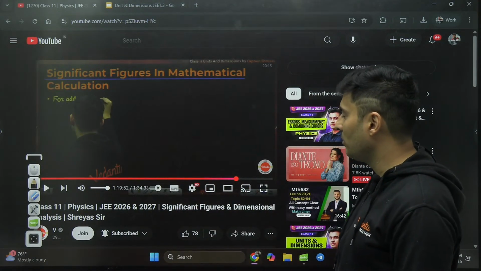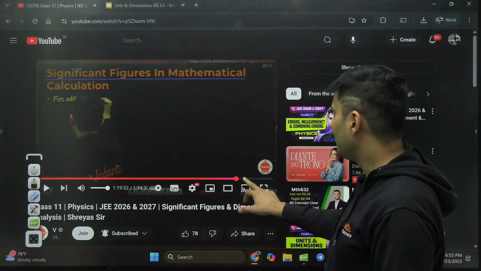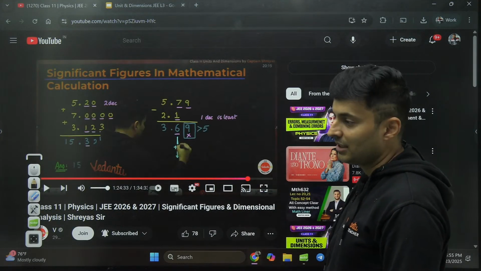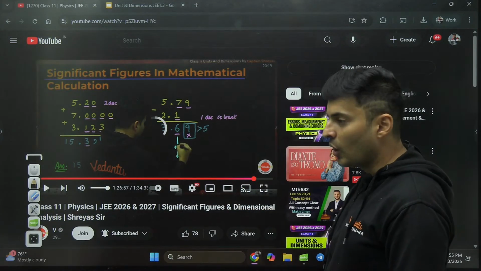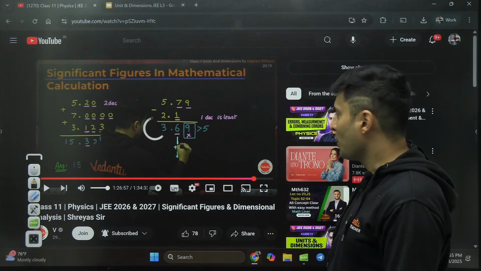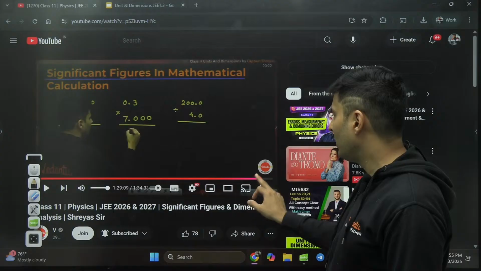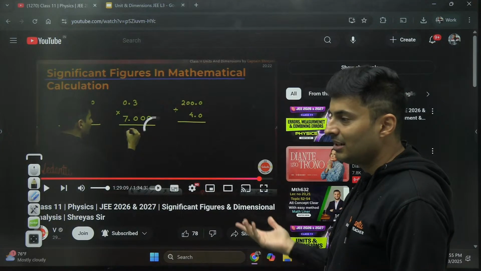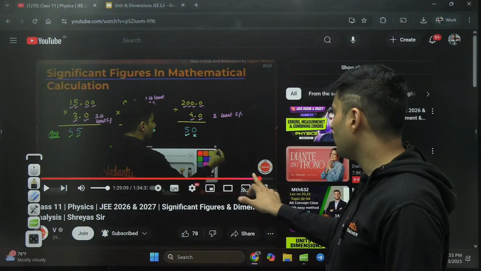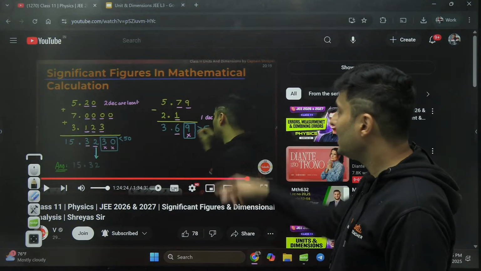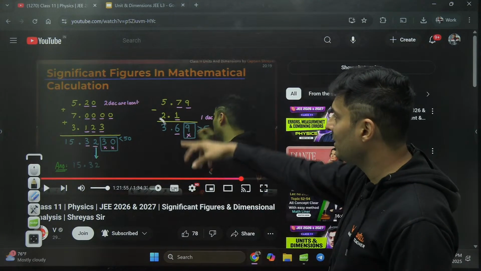Towards the end, we were talking about how do we exactly add them and subtract them. What was the rule? For addition and for subtraction, always choose the least of the decimal. But whenever it comes to multiplication and division, choose the least of the significant figures. That is what I had told you. We have done this kind of rules.